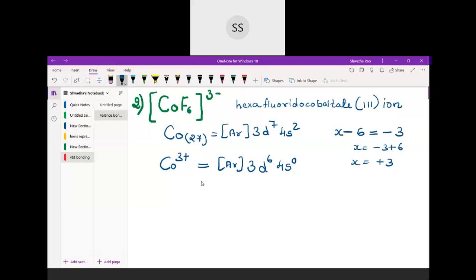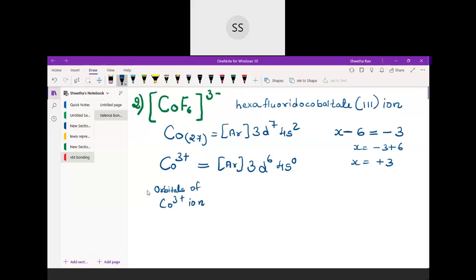After this you have to write them in their orbital. Okay, so distribute these electrons in their orbital. So I can write orbital of Co3+ ion. Okay, so I told you, you don't have to take the inner core electrons because they don't participate.